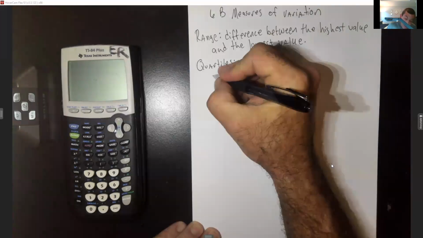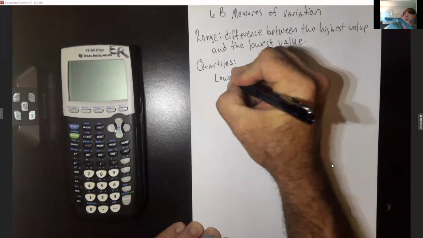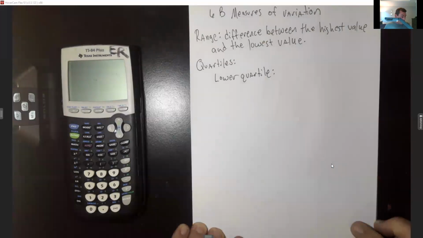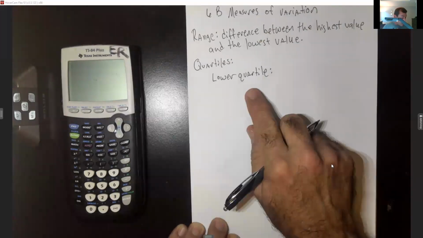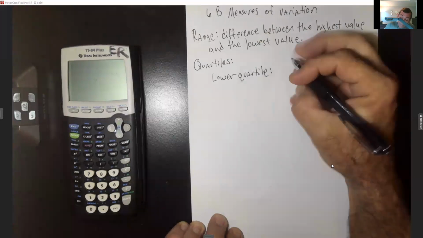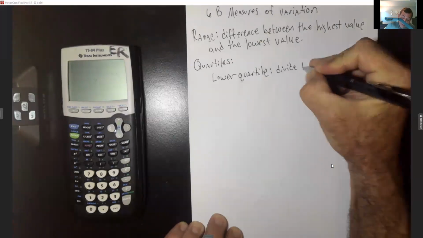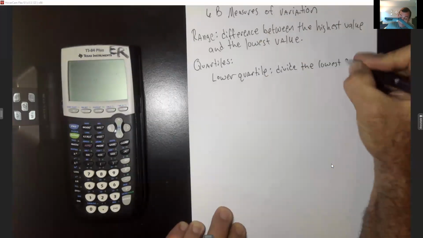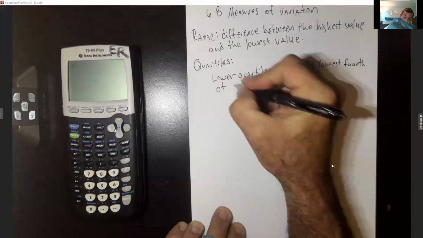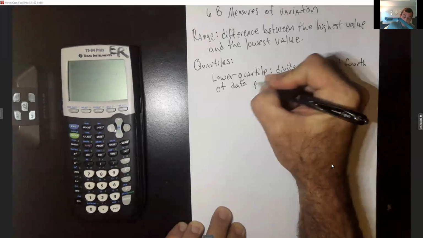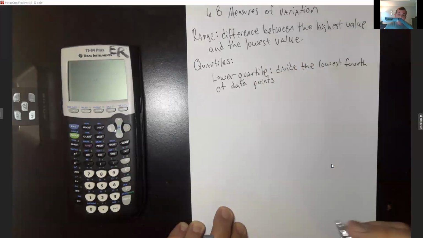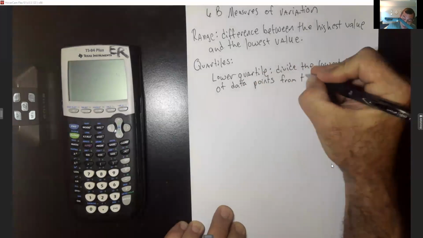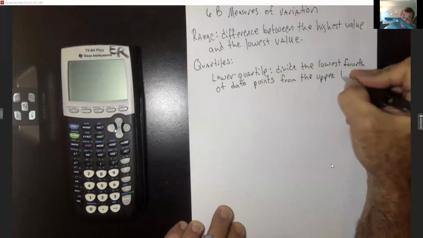You're going to have a lower quartile, and the lower quartile is going to divide the lowest fourth of data points from the upper 3/4.